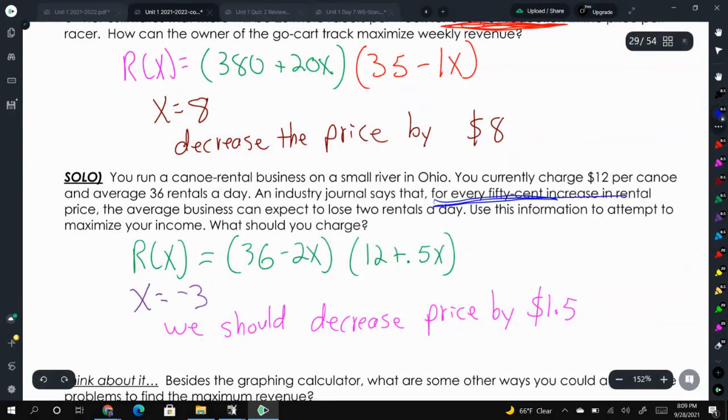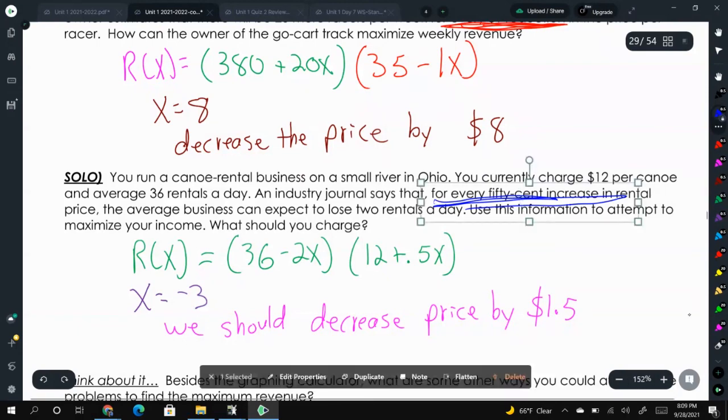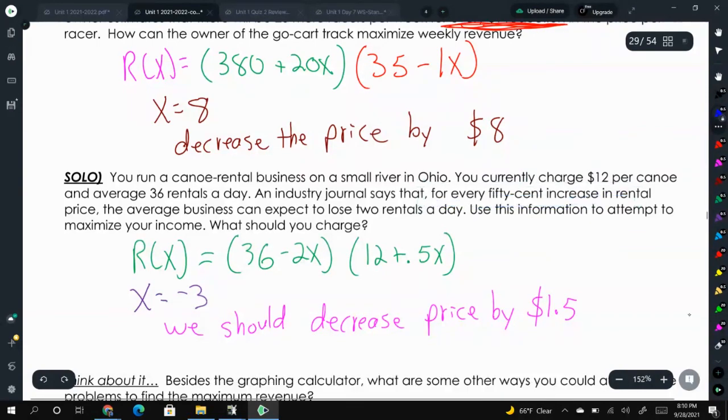Remember, right here, it says for every 50% increase in rental. So that's why this is plus 0.5x, because I'm increasing by 50 cents each time I go up in the x direction, and I lose 2 sales. So when I graphed this and I found the maximum, I got x equals -3.